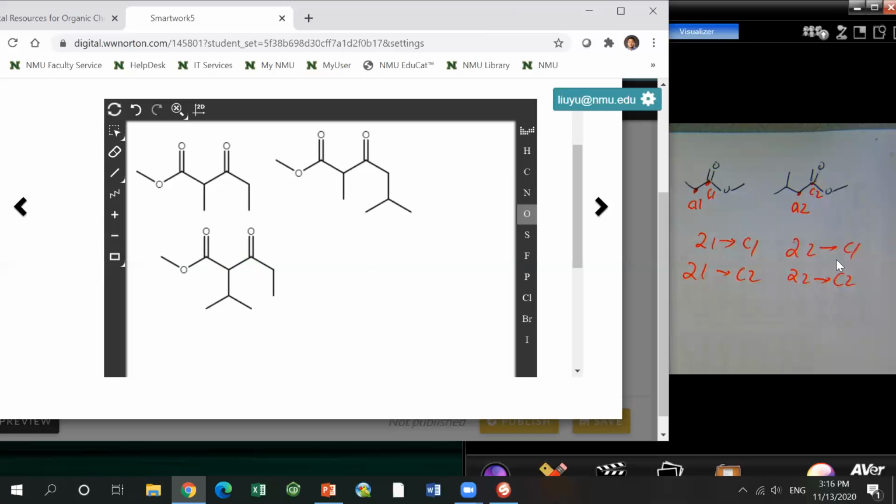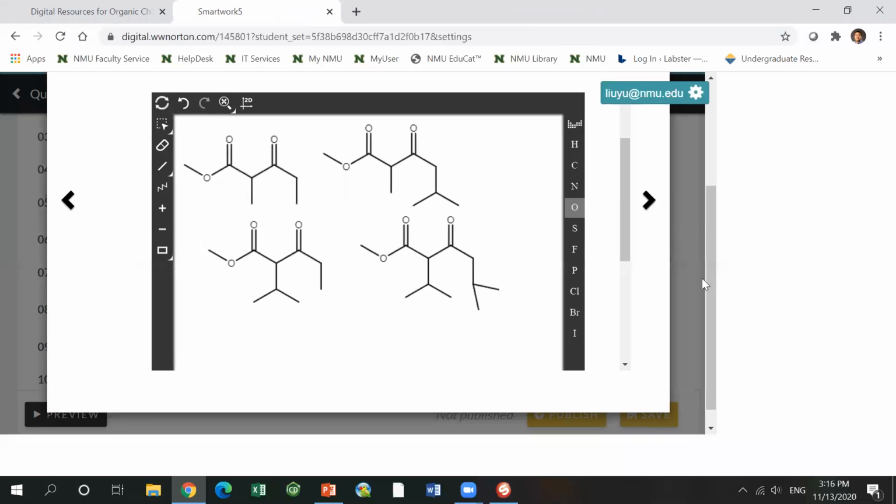And then the last one, alpha 2 attacks C2, so this molecule attacks itself. So you get all four products.